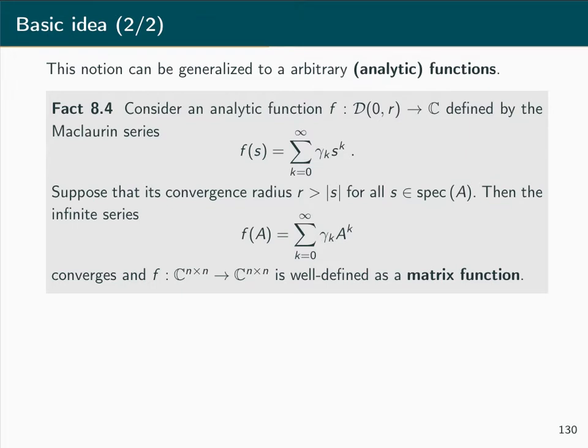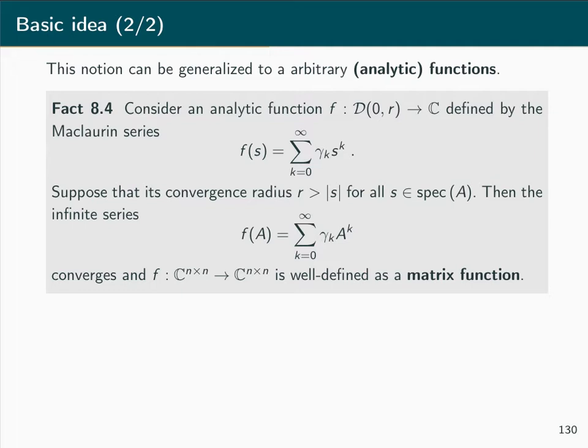Then the infinite series f of A, which equals this infinite matrix polynomial, converges, and moreover f is a function that maps from the set of n by n matrices into the set of n by n matrices, well defined as a matrix function.